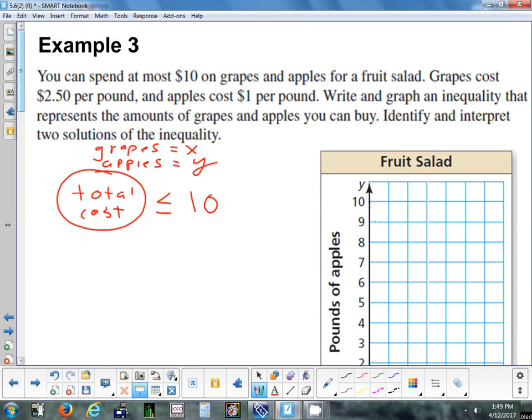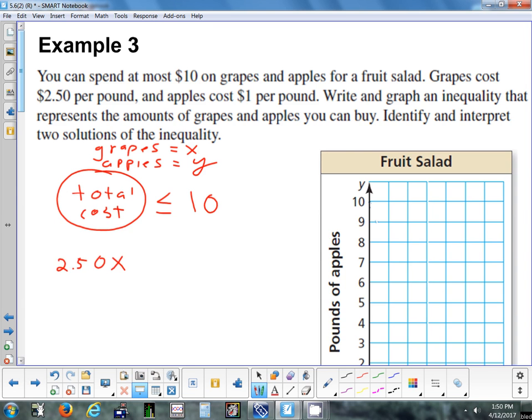If each pound is $2.50, you multiply how much you pay per pound times how many pounds of grapes you buy. So it's $2.50 times what? X. If you buy 1 pound of grapes, it's $2.50 times 1. If you buy 2 pounds of grapes, it's $2.50 times 2. It's $5. Right?